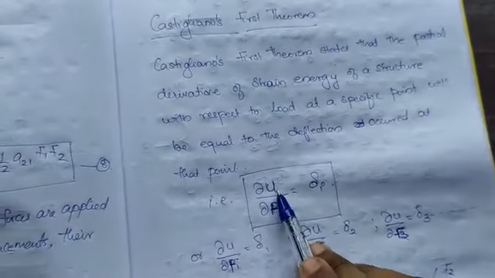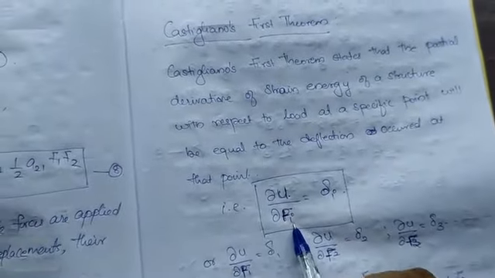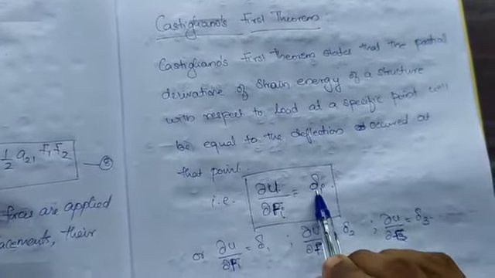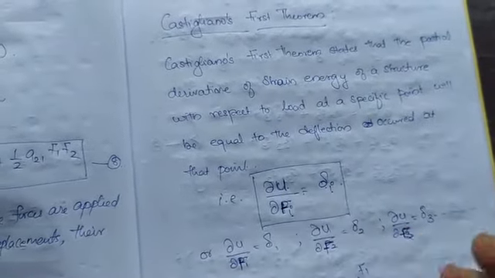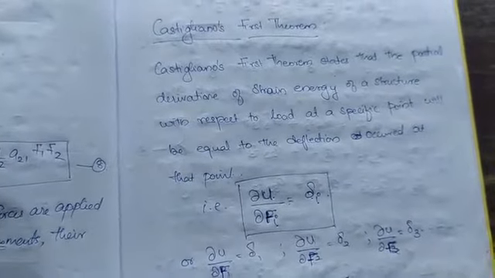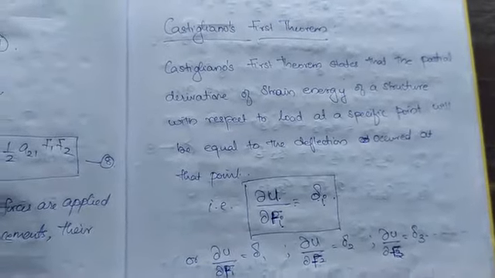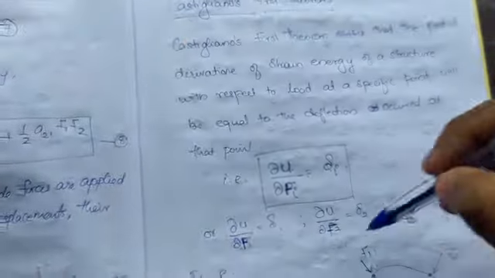The partial derivative of strain energy with respect to a load at a particular point will be equal to the deflection occurred at that point. This is what we need to prove.